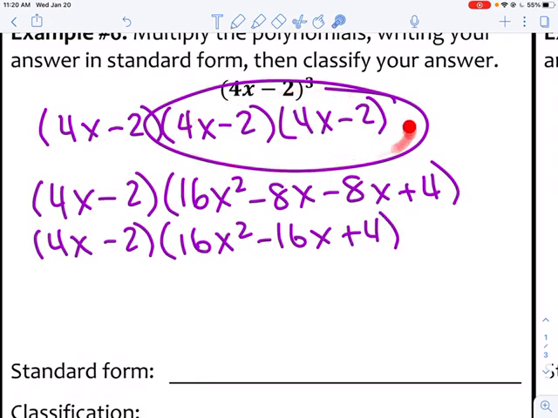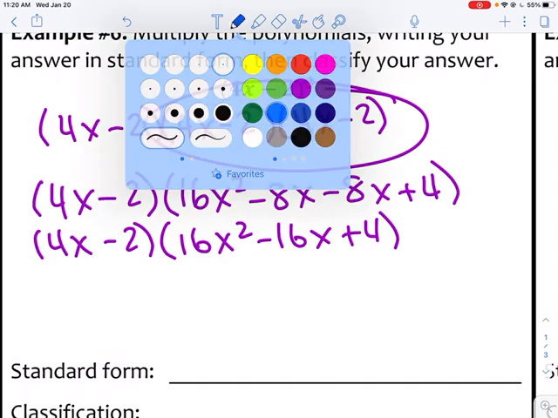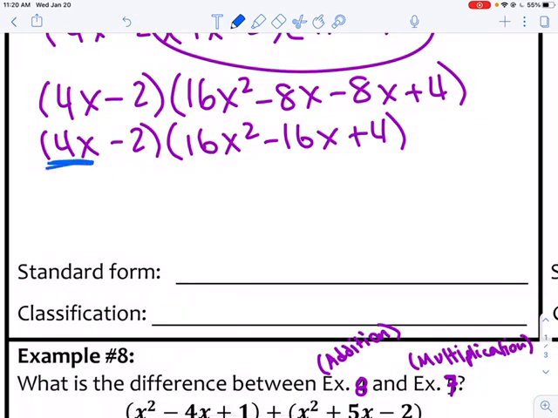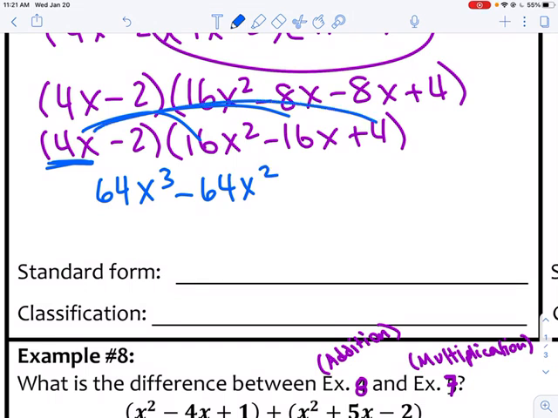So all we did was multiply 2 out of the 3 of them, and then we have our third one here ready to distribute through. So we're going to use that same trick that I taught you before. We're going to take our first term and distribute. So that's going to get us 64x to the third minus 64x squared plus 16x.